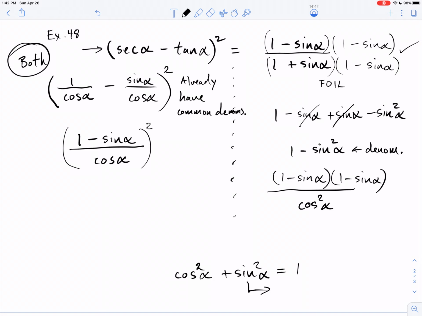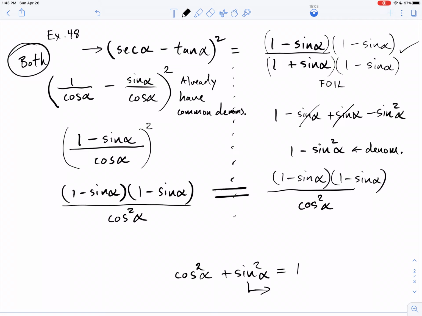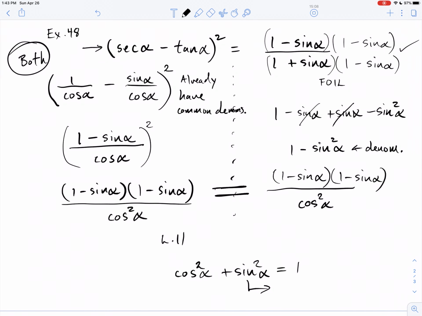Well, heck, if it's being squared, that means the top part gets squared. The top part gets squared. And the bottom part gets squared. And then I go, Shazam! The left-hand side equals the right-hand side.